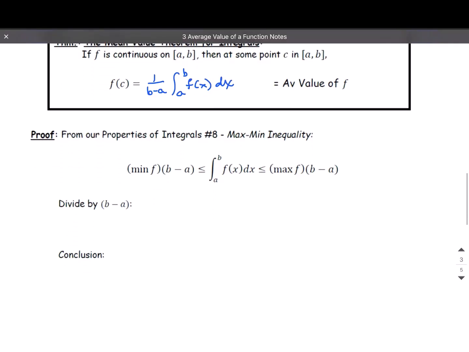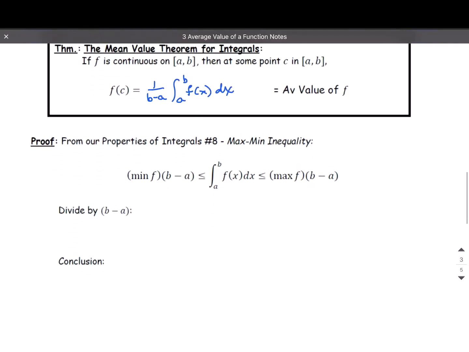Now we can prove this theorem. Remember our properties from integrals. We had the max-min inequality, which said that the integral from a to b of f of x dx is trapped between the minimum of f times the length of the interval b minus a and the maximum of f times the length of the interval b minus a.